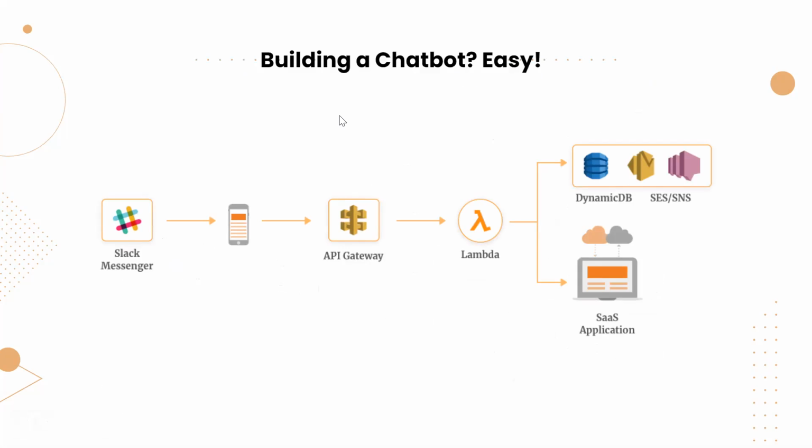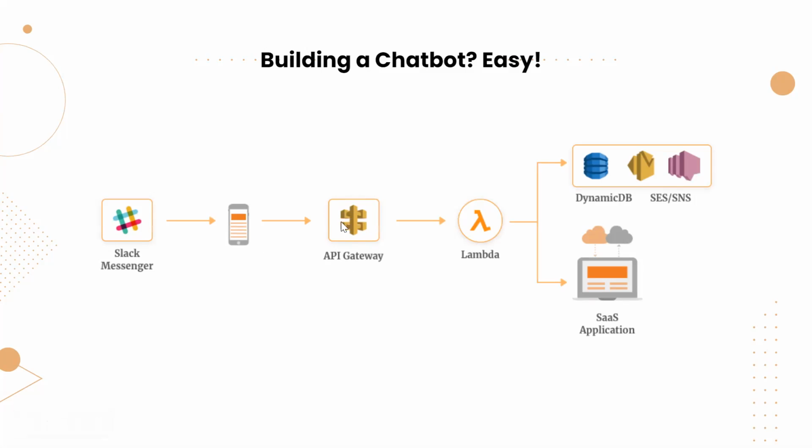And then now we have another example here where we're building a chatbot, but it's very easy using AWS. So just like we saw in the other example, we have input coming from the user, but this time it's from Slack Messenger. So we're seeing how AWS could be integrated with other applications. Slack Messenger sees a notification.